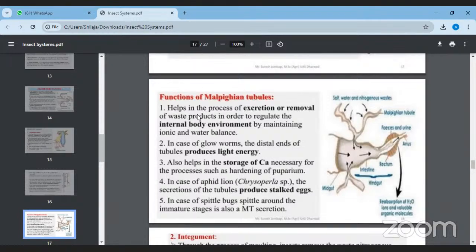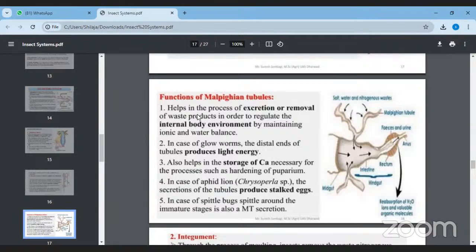The main function of the Malpighian tubules is to maintain homeostasis, that is, to help in the process of excretion or removal of waste products in order to regulate the internal body environment by maintaining the ionic and water balance.